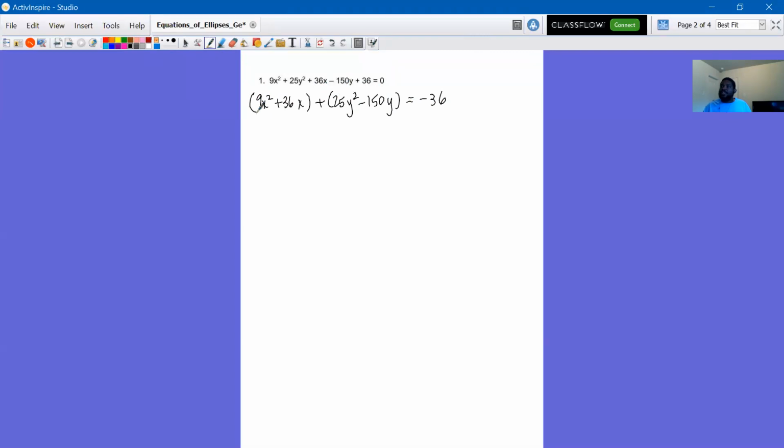And then you want to factor out the a and the b from each group. So when we factor out this 9, we're going to have x squared plus 4x plus blank, plus 25 times y squared minus 6y plus blank, equals negative 36 plus 9 times blank plus 25 times blank.